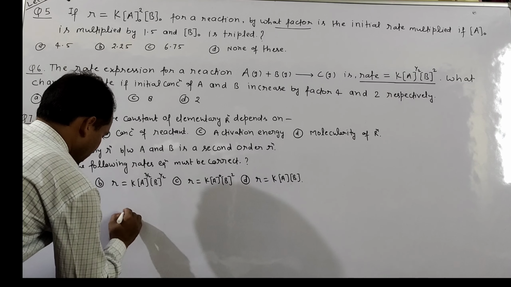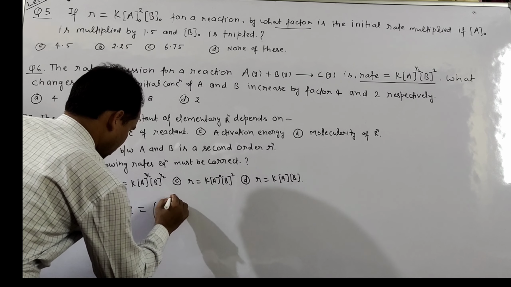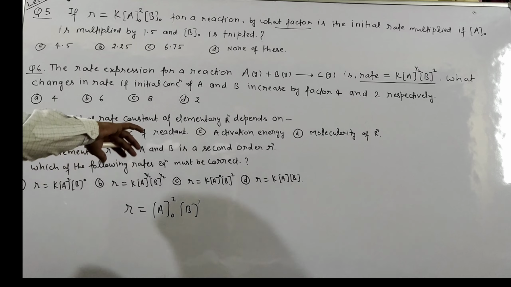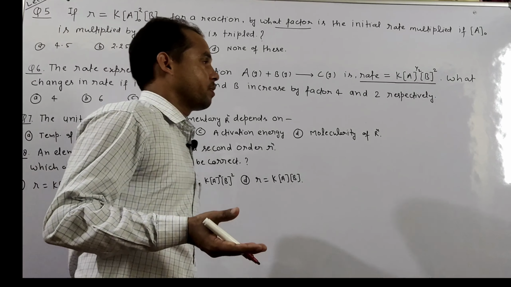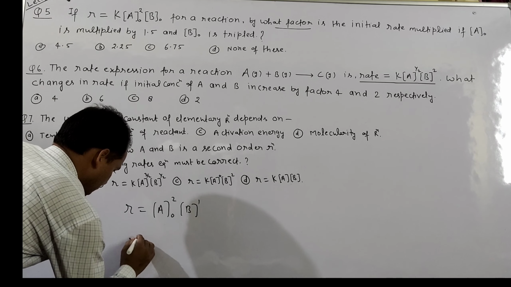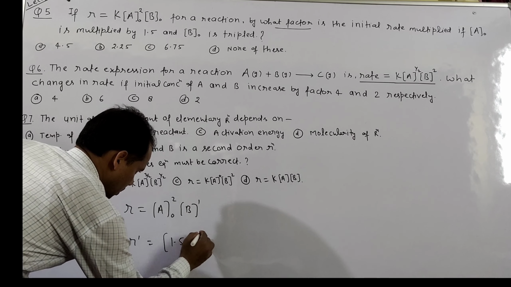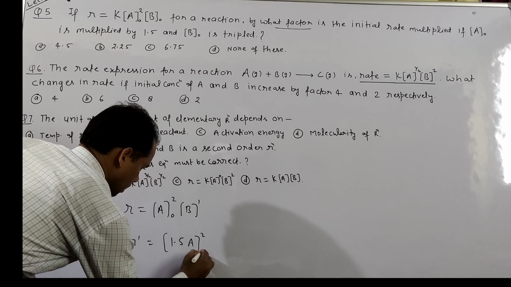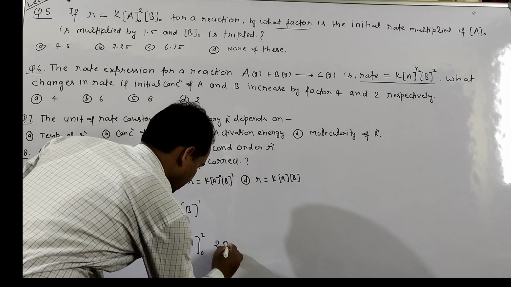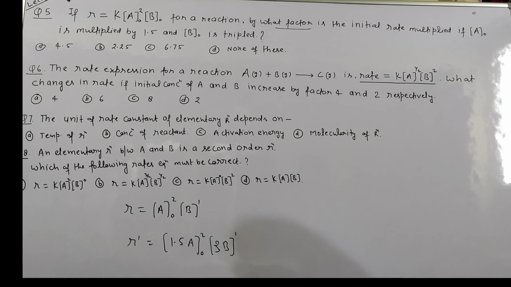First of all, we write r equal to A to the power 2 and B to the power 1. Now the new rate, if we multiply A naught by 1.5, the new rate is r dash equal to 1.5 into A to the power 2, and B is tripled, triple means 3B, and power is 1.